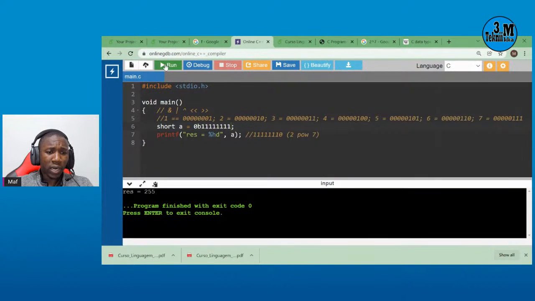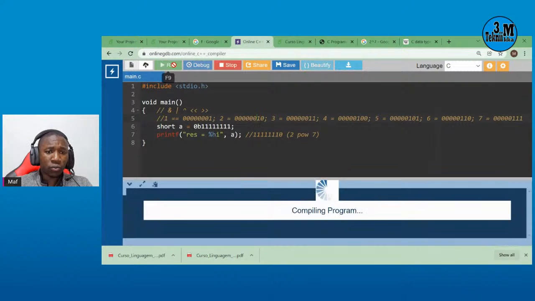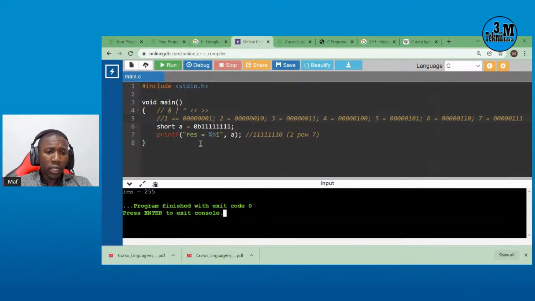This should be -1. But I don't know why this is not working as short. This must be short. That should be -1. No, that's not fine. I don't know why I'm not able to work with short like this.